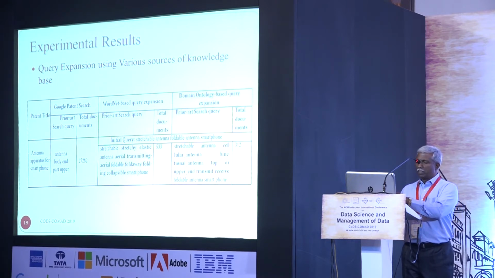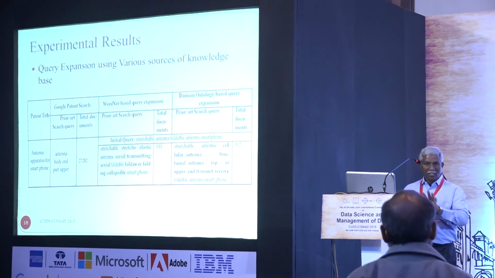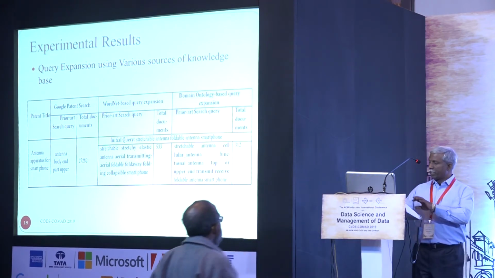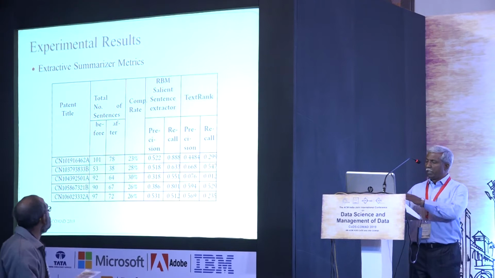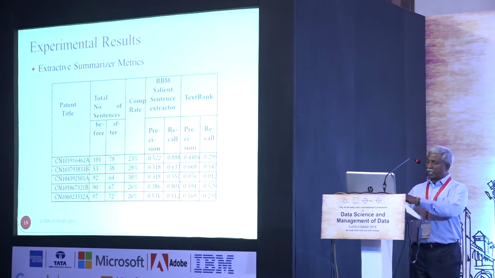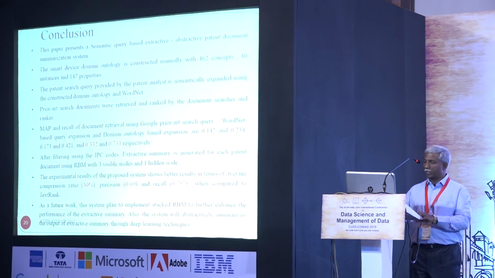So when you give this, how the query gets expanded and how many documents you get, and ultimately when you use this domain ontology based query, again what kind of search query expansion you have, and how many total documents you get. So this clearly shows that the more relevant documents are obtained, and we also compared with TotalRank, we get better results compared to TotalRank, and that's what our result is.